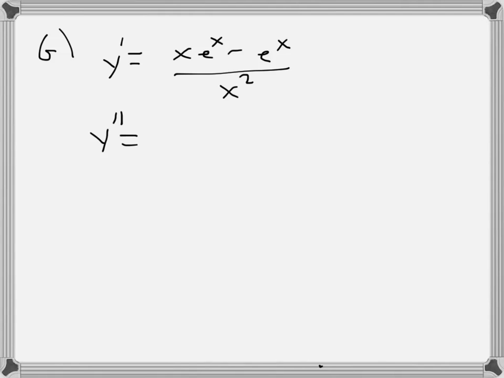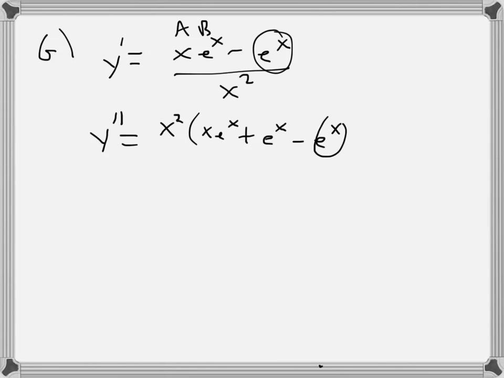So this is low d high. The derivative of the high is going to require the product rule. So that's going to be x e to the x plus e to the x for the product rule, minus the derivative of e to the x, which is e to the x. So that's where that's coming from.